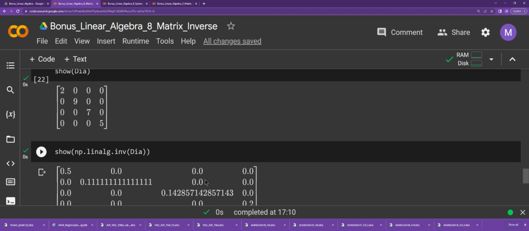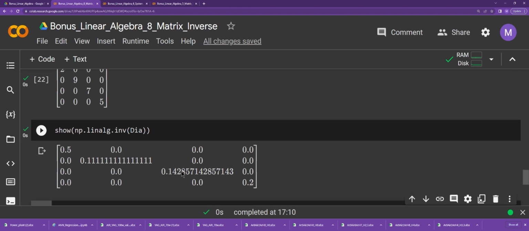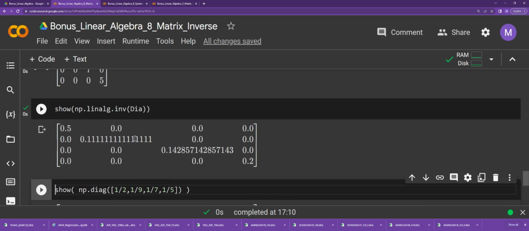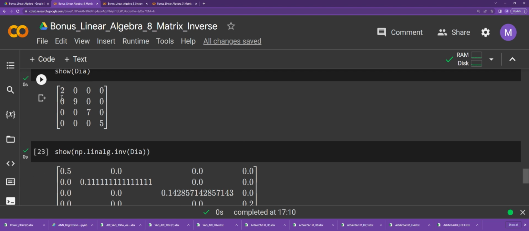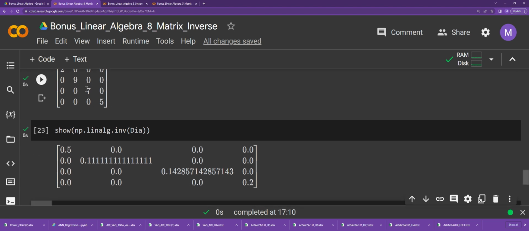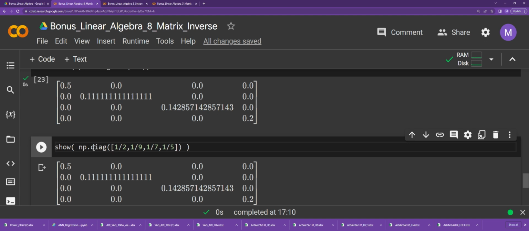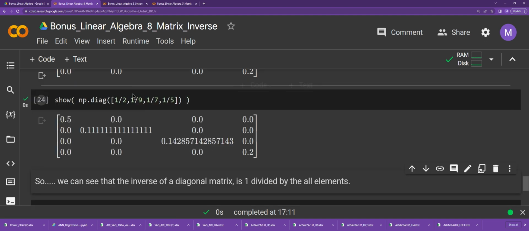Let's see how it is working. Just looking at 0.5 and 0.2 might give you a hint. What is 1 divided by 2? And what is 1 divided by 5? Obviously, I don't expect you to know what 1 divided by 7 is easily, or 1 divided by 9, sort of. That's all it is, guys. So the inverse of a diagonal matrix is as if you get all those elements and take 1 divided by them.